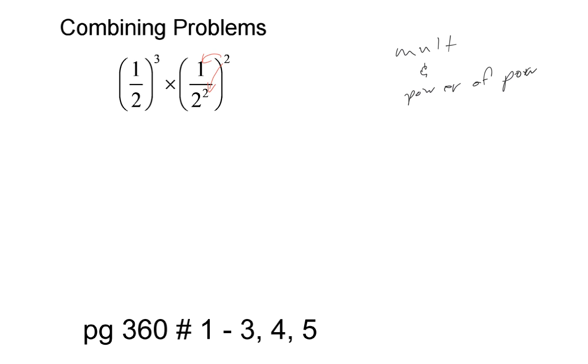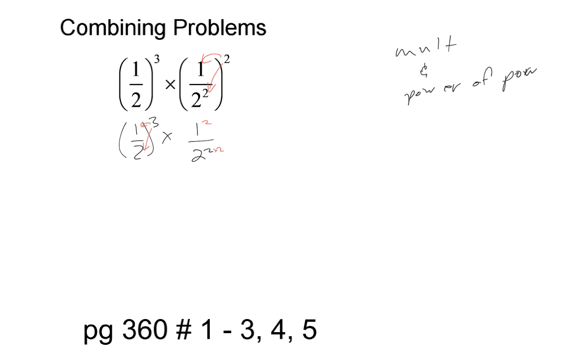So basically we end up with 1/2 raised to the power of 3 times 1 squared divided by 2 to the 2 times 2. So that means we have 1 squared over 2 to the 2. Now, we can also apply the power to each one of these things in the first bracket.